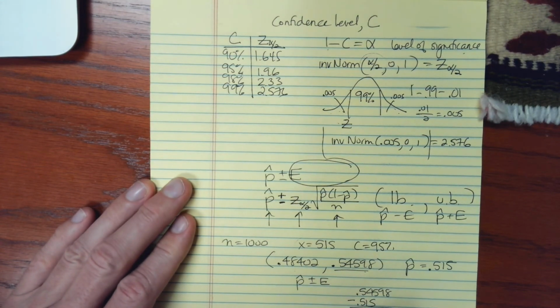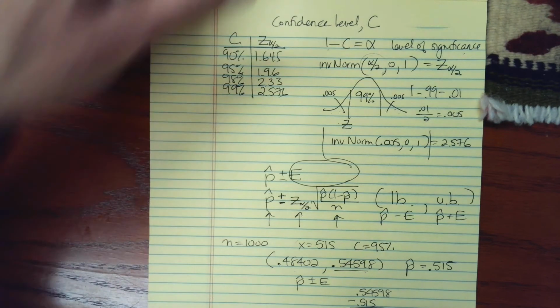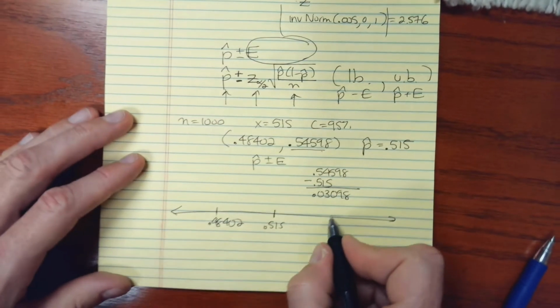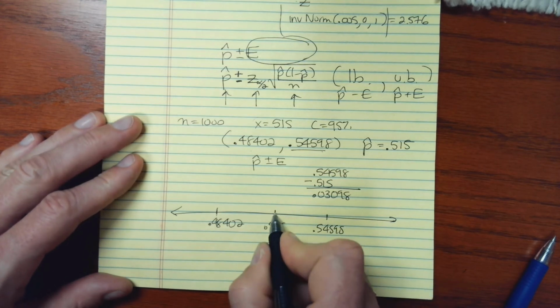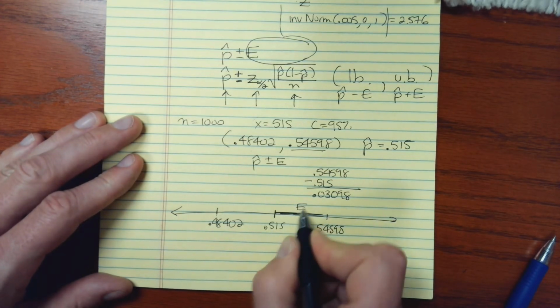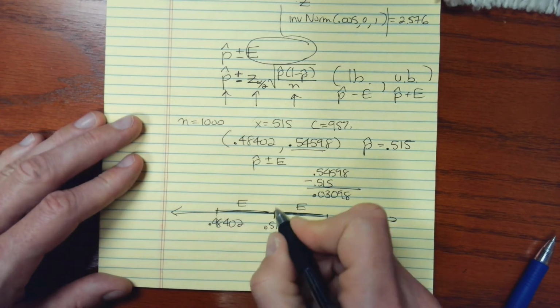Now, think about on a number line what's going on here. I have my 0.515 here in the middle, and then there's 0.48402, and somewhere up here is 0.54598. This distance from here to here is E, and this distance from here to here is E. So this in the middle is my p hat.